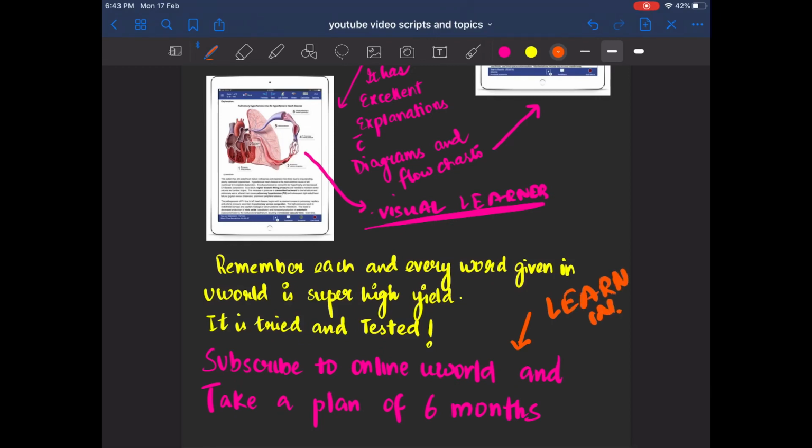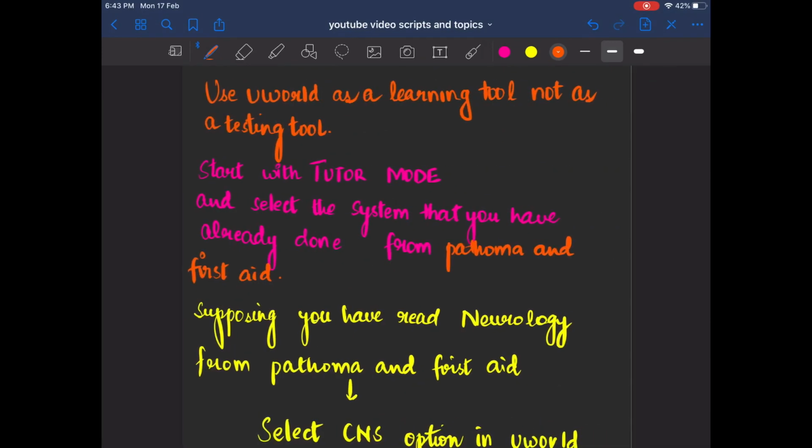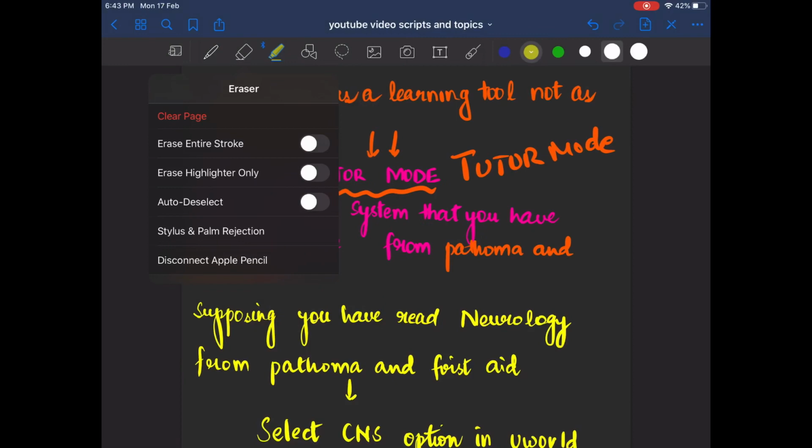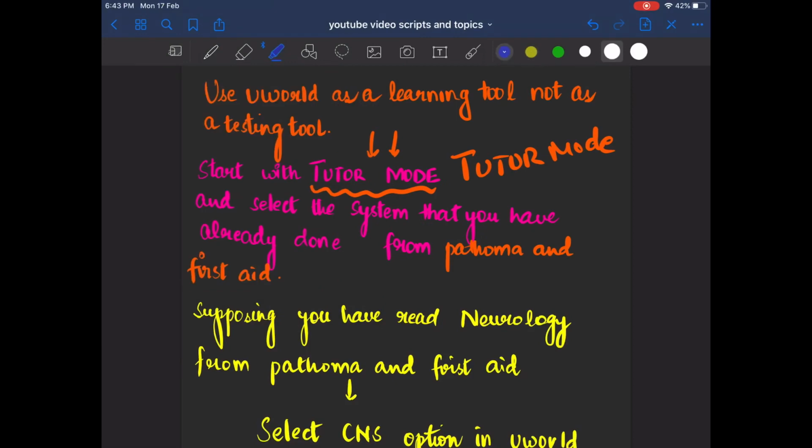Learning tool. Now first of all, you have to subscribe to online UWorld, and you have to take a plan of 6 months. After taking a plan of 6 months, you're going to start the block in tutor mode. Remember, you have to opt for the tutor mode, and you have to select a system.